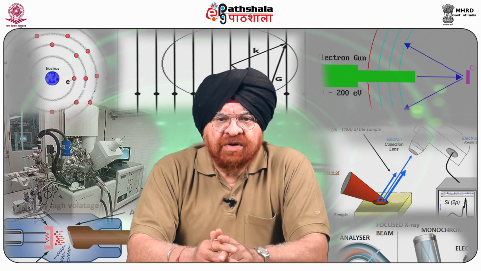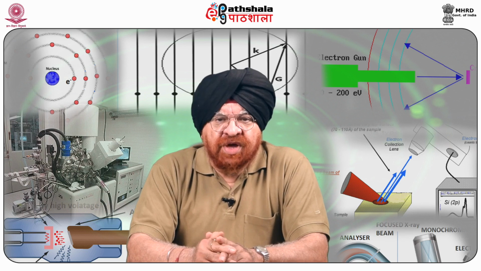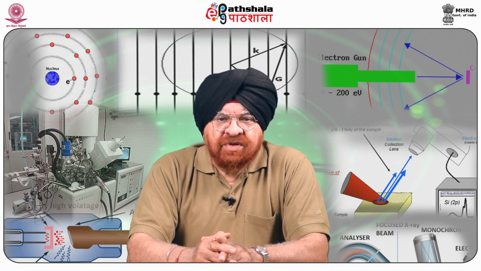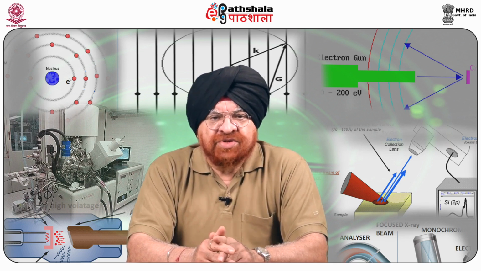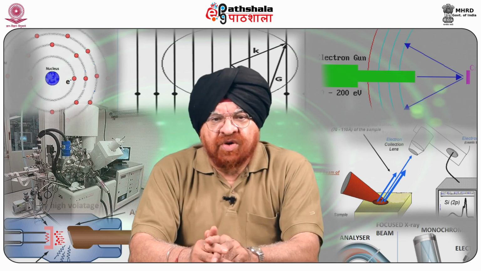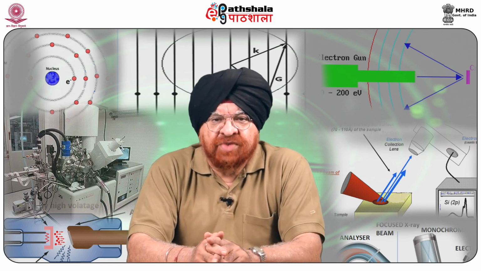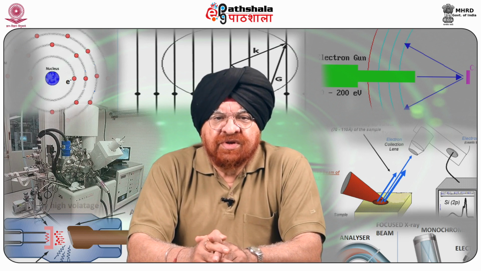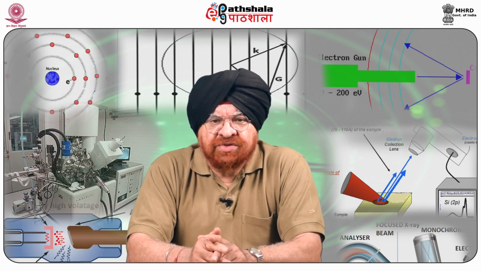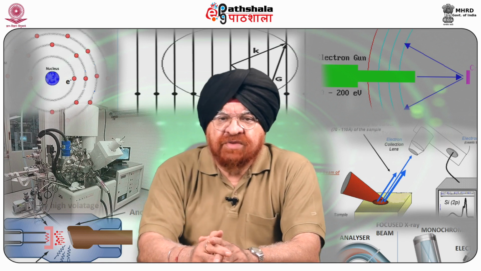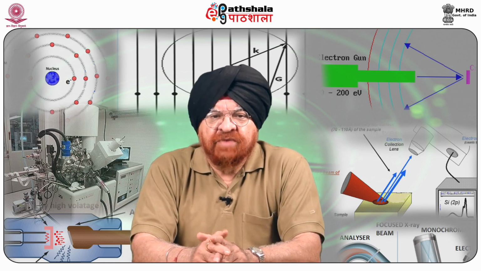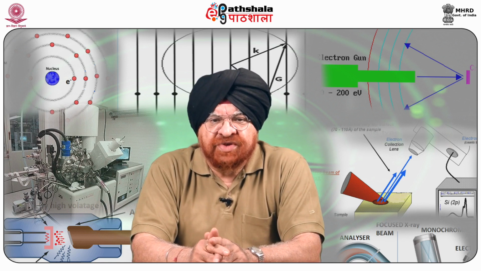Once the primary beam is directed onto the sample, it interacts with it, causing the ejection of ions, and the ions ejected from the surface are termed secondary ions. It is the secondary ions which are analyzed by the analyzer for the chemical composition of the sample surface.